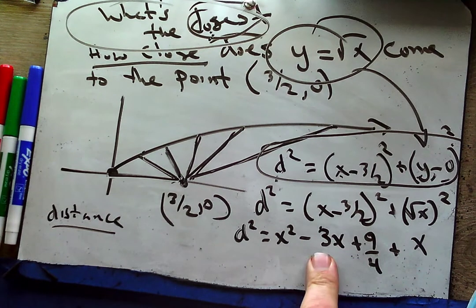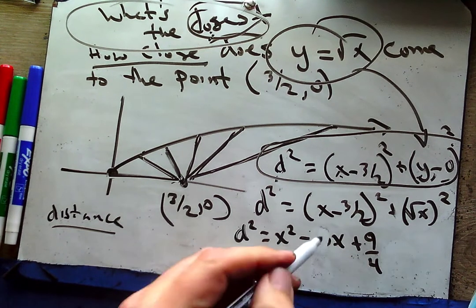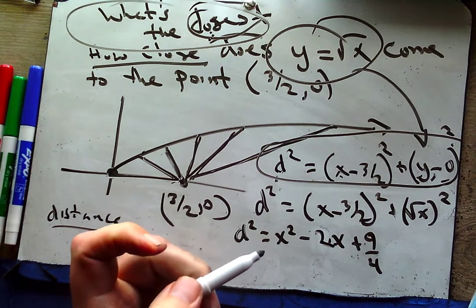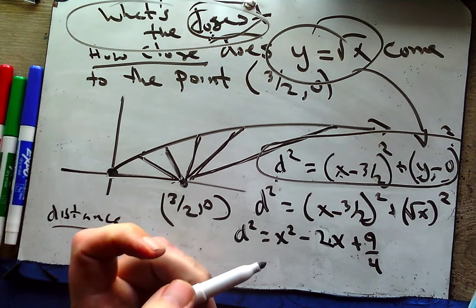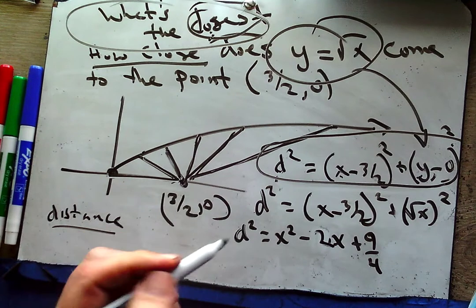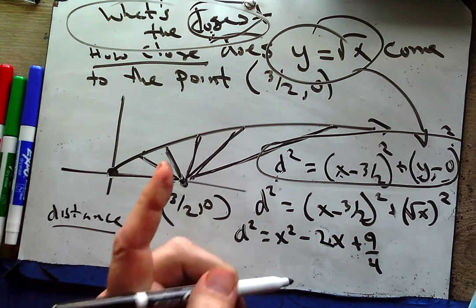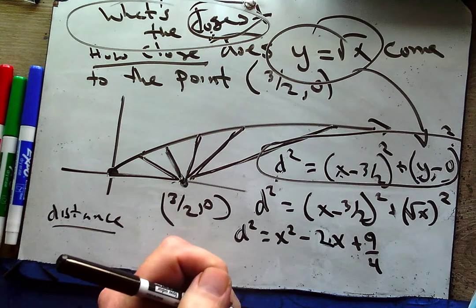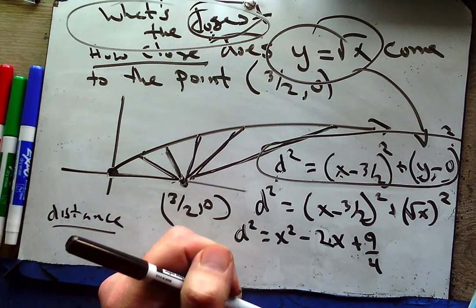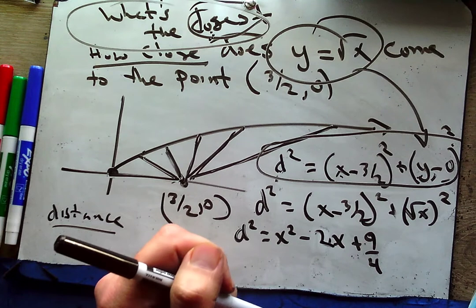So I'm going to combine these like terms. And no, I'm not going to factor. Instead, I'm going to take the derivative. Yeah, take the derivative. So when I take the derivative here, and that's very interesting.